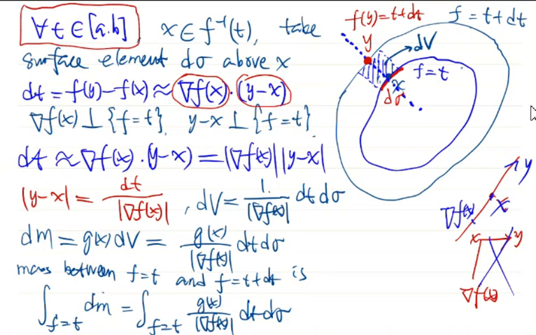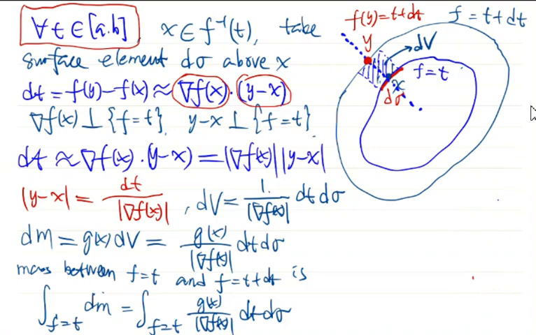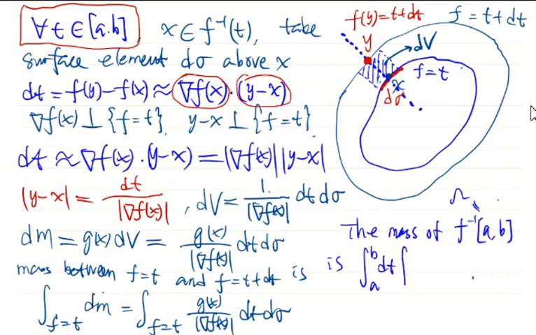Now we know that the total mass of the region is just integrating over t once more. So the final result is that the mass of our omega would be integrating this with respect to t.